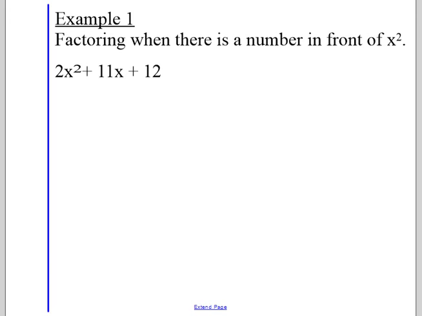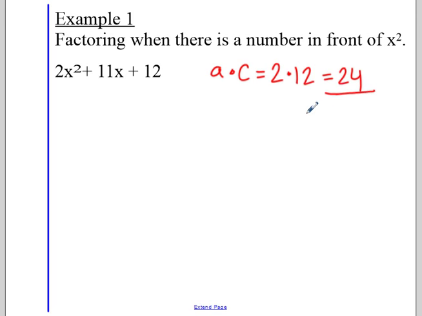Here's how we're going to do that. As I look at this problem, there is no GCF, so that doesn't help me. The way that I'm going to figure out what created this 11x, what plus what makes the 11x, is to take our A and our C number and multiply them together. In this problem, that's 2 times 12, which gives me 24.